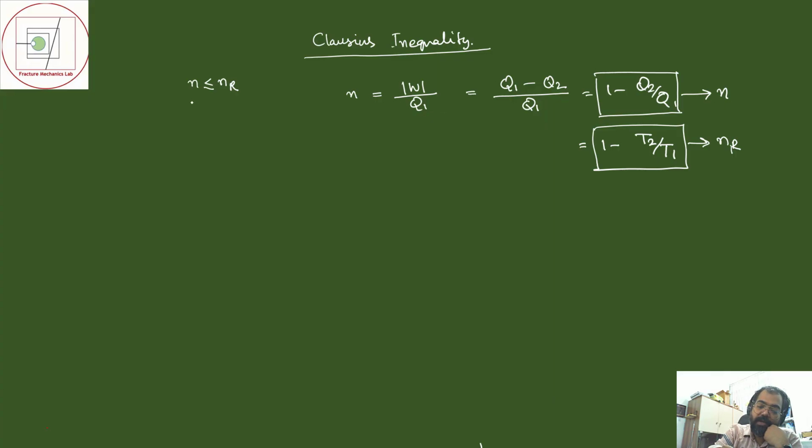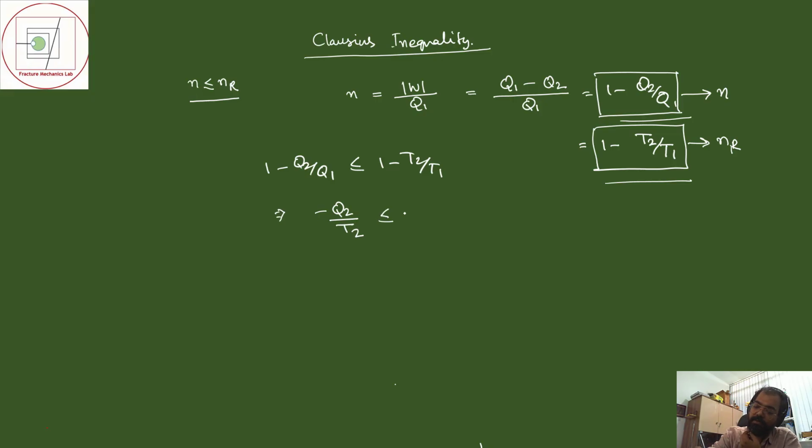Now if I want to write this inequality in terms of these expressions, it will be 1 minus Q2 by Q1 less than or equal to 1 minus T2 by T1, which I can write as minus Q2 by T2 less than or equal to Q1 by T1.